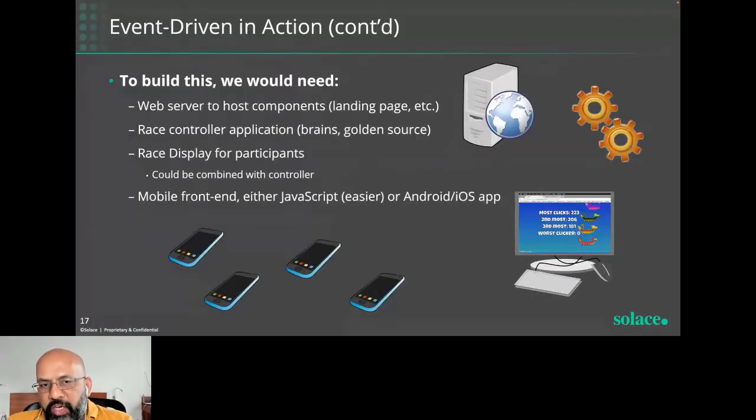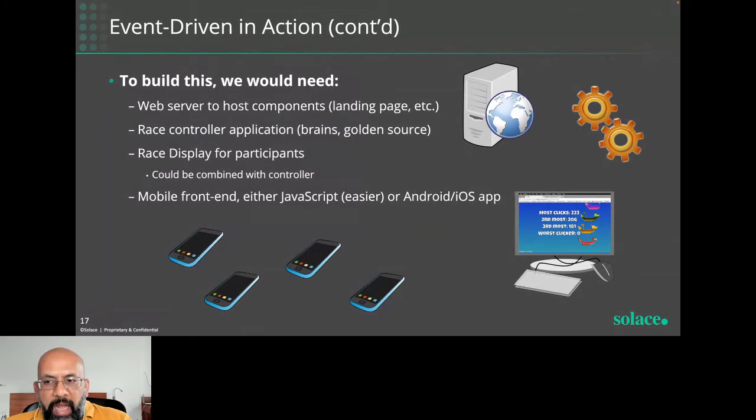But if you need to dissect what happened to provide such a thing, first, traditional knowledge, right? We need to have a web server to host the components. What are the components? The controller landing page, and then your client Dragon Boat landing page, and then the race controller interface to start a race, and then the algorithm to assign these things and communicate that to the client, and then a race display for the participants.